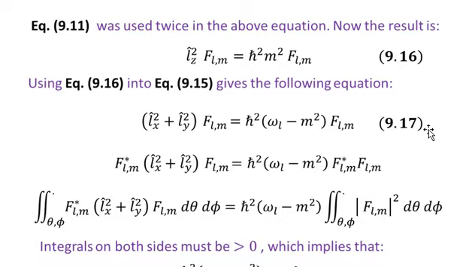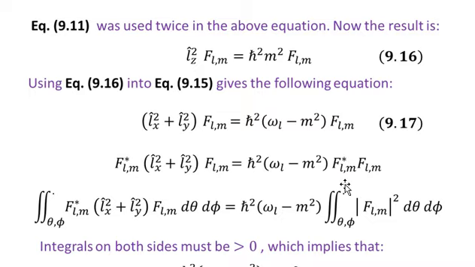So you see that in equation number 17 I am multiplying both sides from the left by the complex conjugate of the azimuthal part of the wave function, FLM conjugate. So in the next step, I have the operator F conjugate LM operating from the left on the left hand side of equation number 17, and I have the same operating from the left on the right hand side of equation number 17.